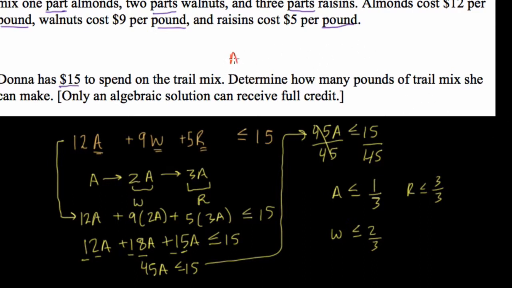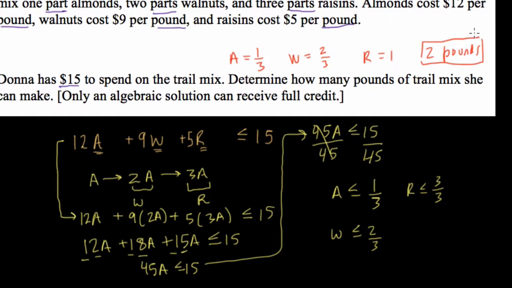Well, the almonds would be 1/3 of a pound, and the walnuts would be twice that, 2/3 of a pound, and raisins are 3/3, or 1 pound. So we basically have 1/3, 2/3, and 1. That's a total of 2 pounds, right? And that's the most she can buy.